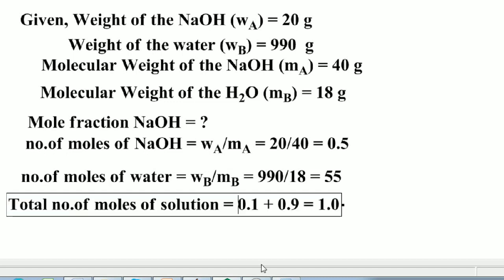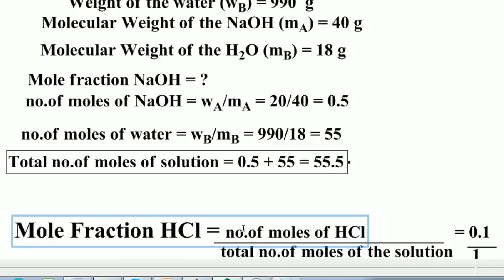Therefore total number of moles of the solution is 0.5 plus 55, that equals 55.5. 55.5 is the total number of moles of the solution.